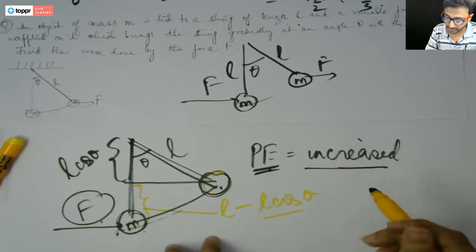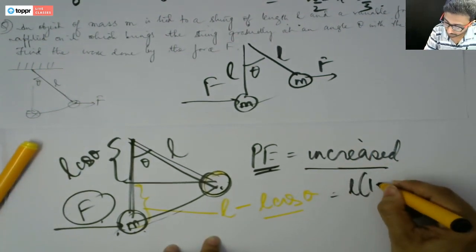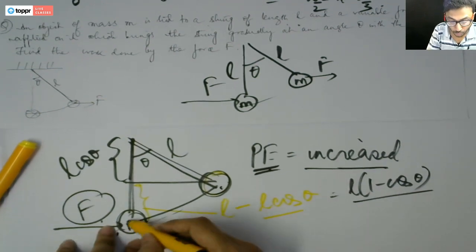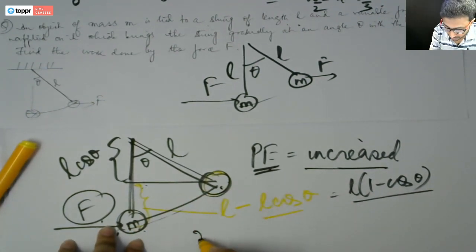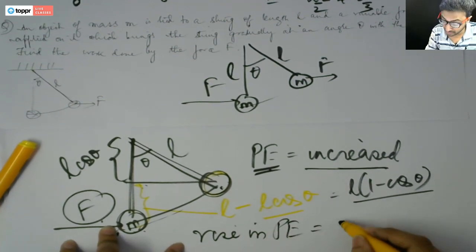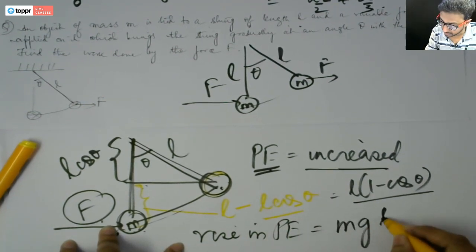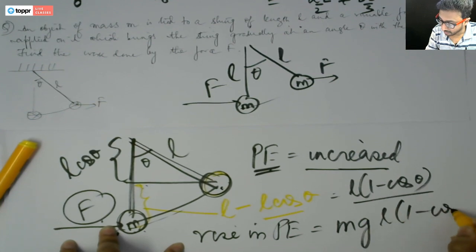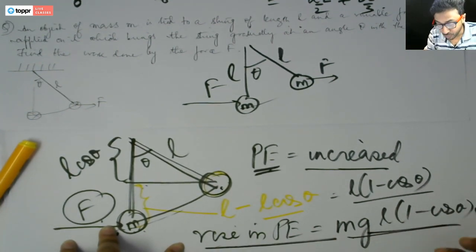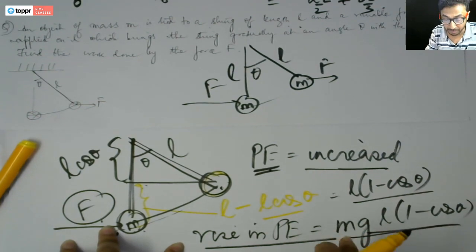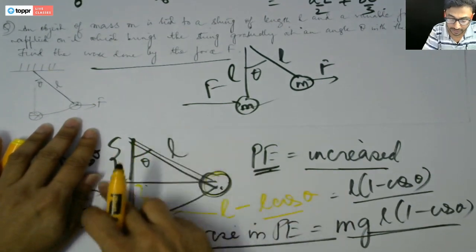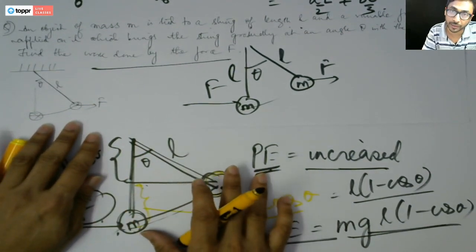So the rise in potential energy is mgL(1 minus cos theta), and this rise in potential energy is being contributed by the variable force, because there is no other force acting on the body.